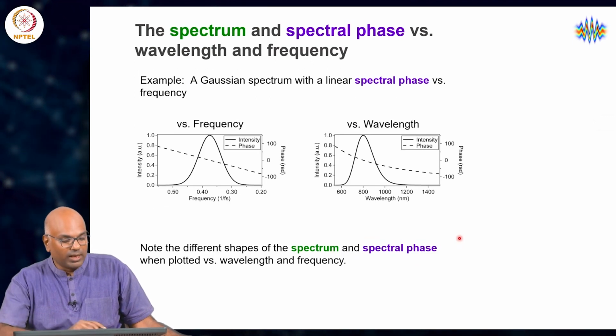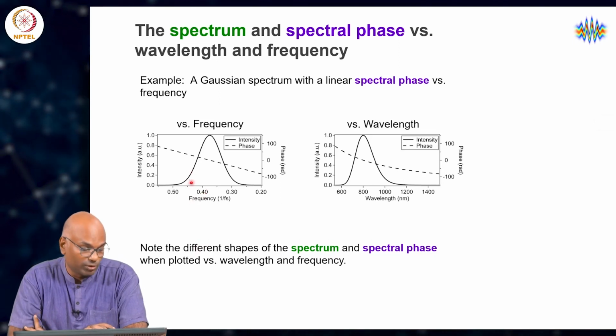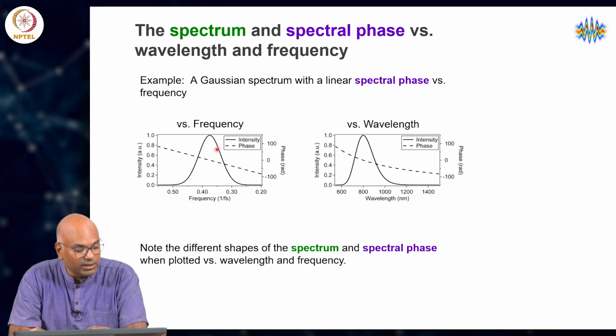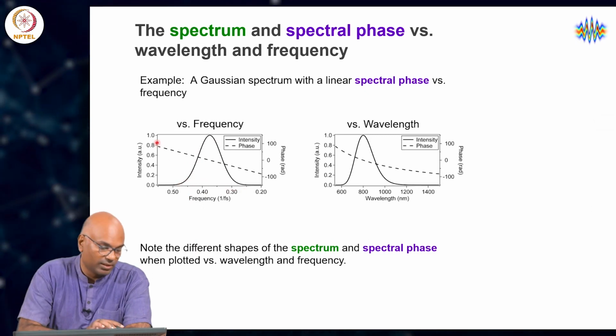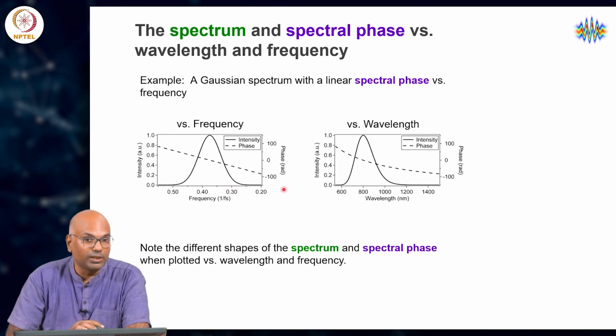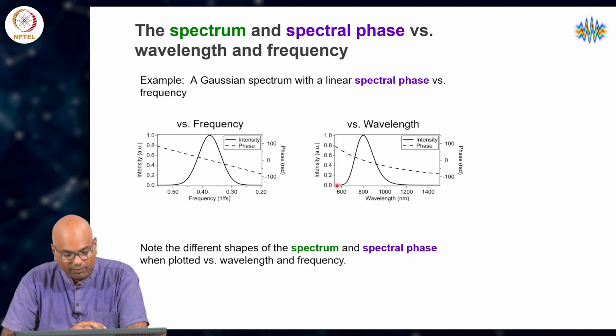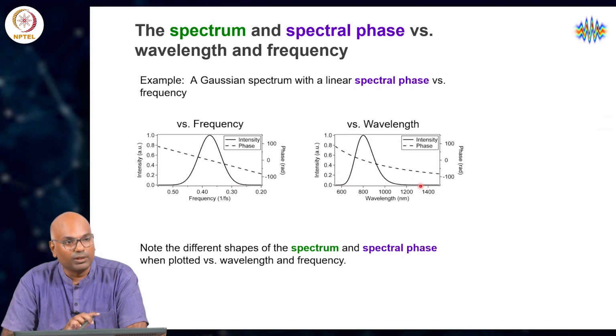Okay. So, as a consequence, if in one domain, the frequency domain, our natural choice always, the pulse is a Gaussian and it has, for example, a simple linear phase variation with frequency, the spectral phase function is linear in omega, then in the wavelength domain the same can appear skewed.